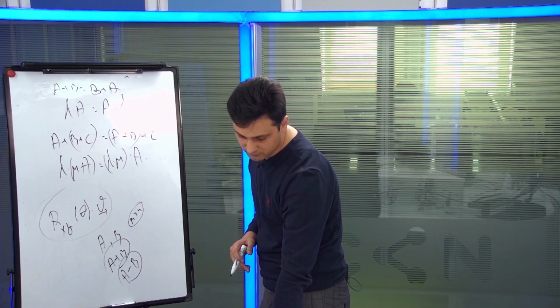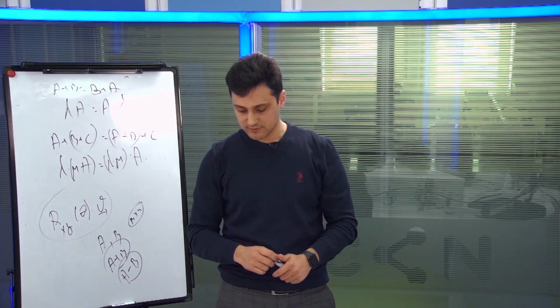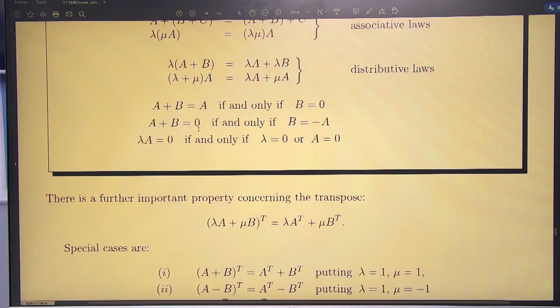We also have some necessary and sufficient conditions after these laws. One of them is A plus B is equal to A if and only if B is the zero matrix. The second one, A plus B is equal to 0 if and only if B is equal to negative A. Or lambda A is equal to 0 if and only if lambda is equal to 0 or A is equal to 0.